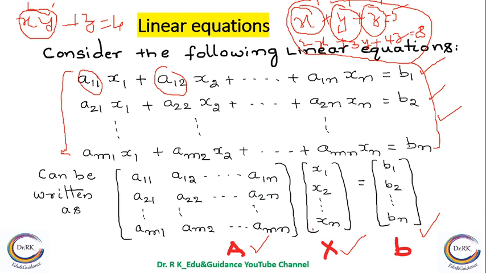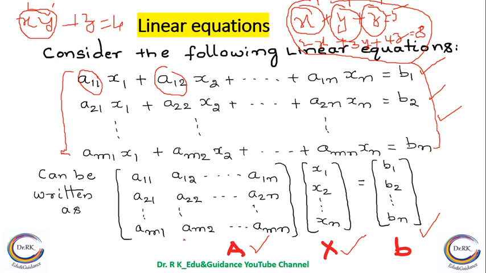X is a column matrix whose entries are all the variables x1, x2, and so on, xn. This is another column matrix, b1, b2, and so on, bn, which contains all the constants.